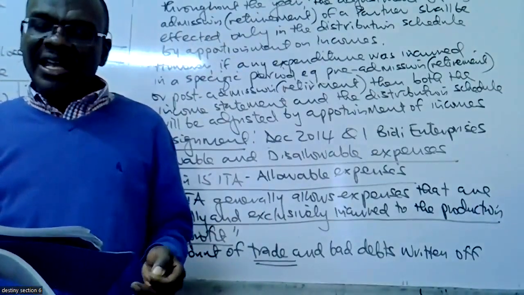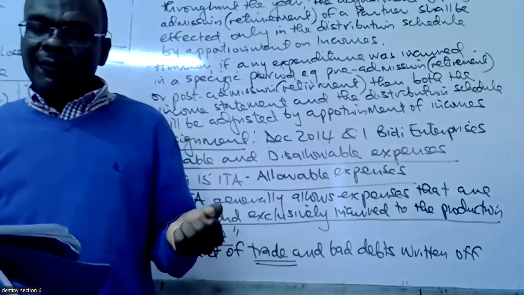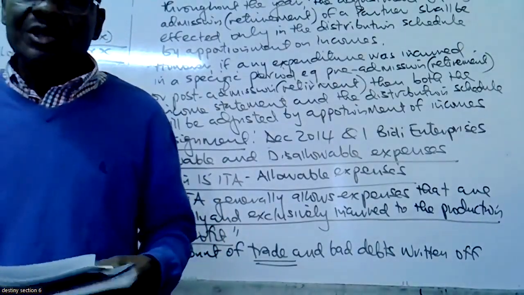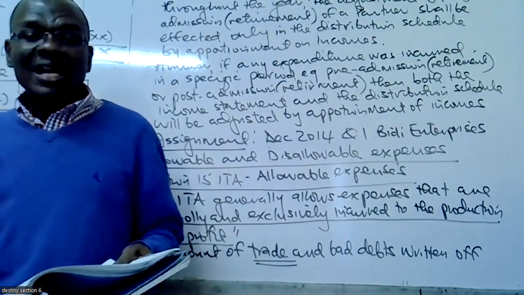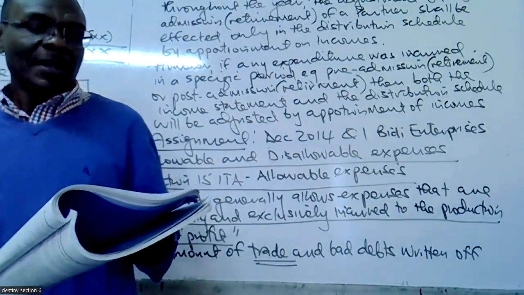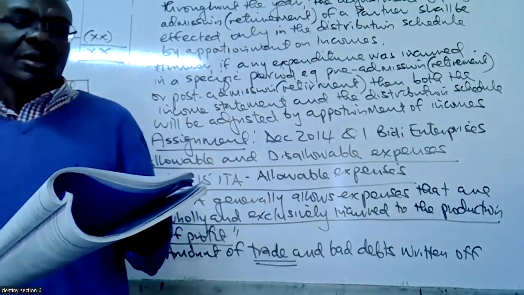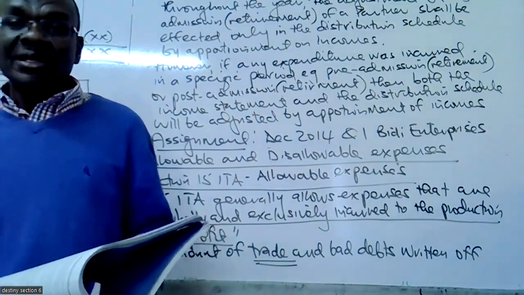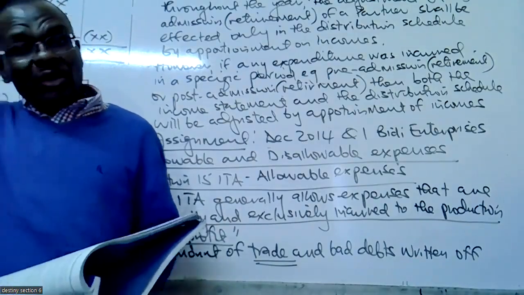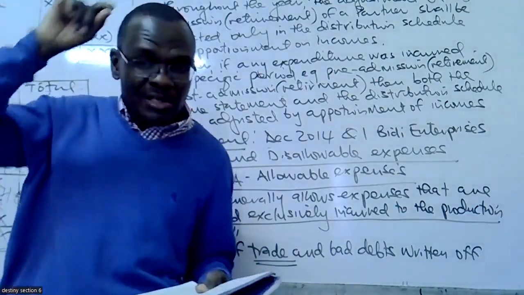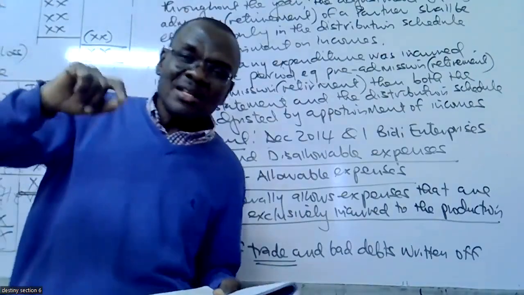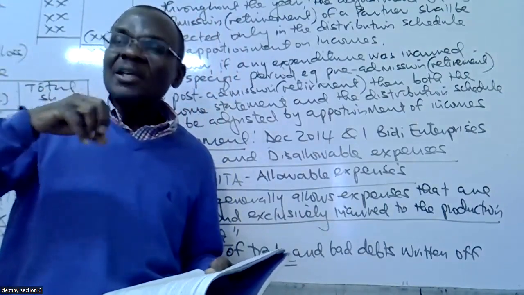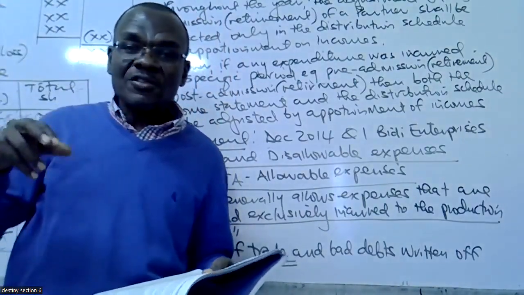Then number 3, any capital expenditure incurred for prevention of soil erosion in agricultural land. So we are looking at production in agriculture or farming business. We could have businesses that are purely commercial farming activities. In commercial farming, the farm has incurred expense in construction of a gabion.